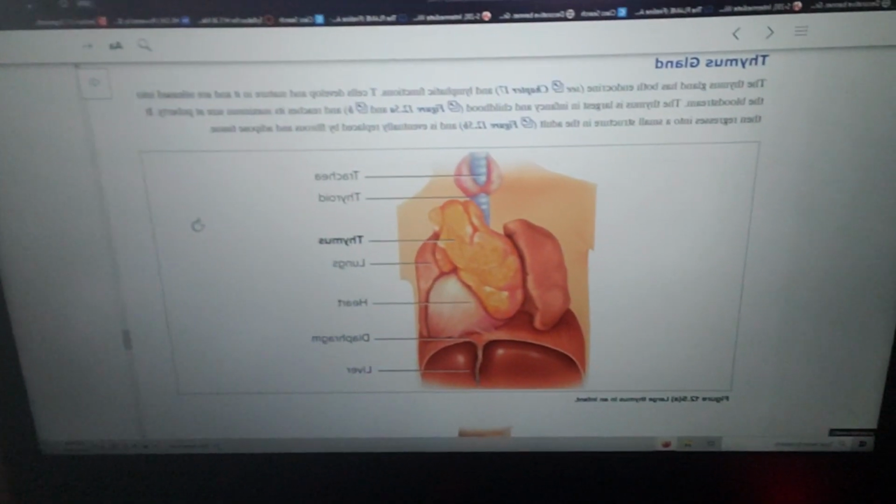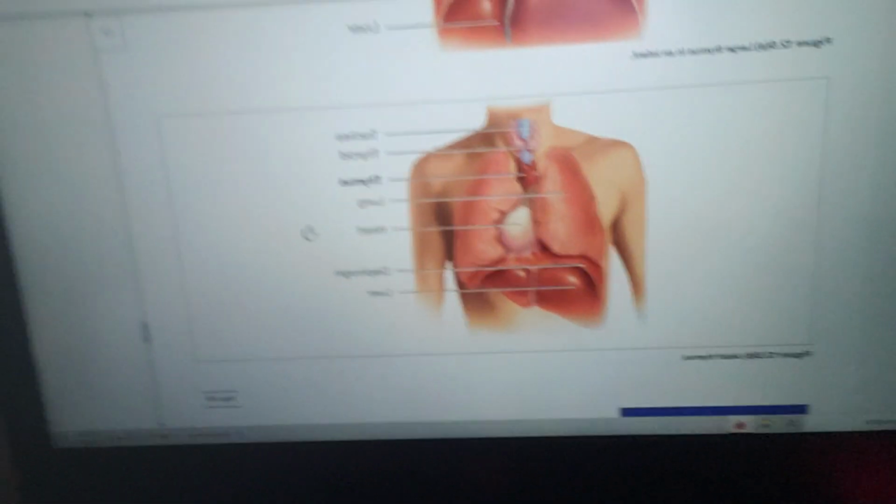Crazy, like something that gets smaller. There's a large thymus in an infant and a smaller thymus in the adult.